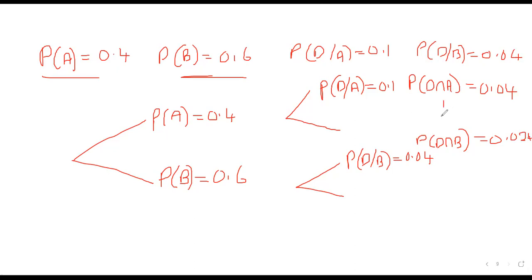Then I told you that when you're adding 2 intersections, you get the common letter. What letter is common here? D. So if I add this answer and that answer, what I'm going to get is the probability of D. So this is 0.064. That is the sum of these 2 intersections.